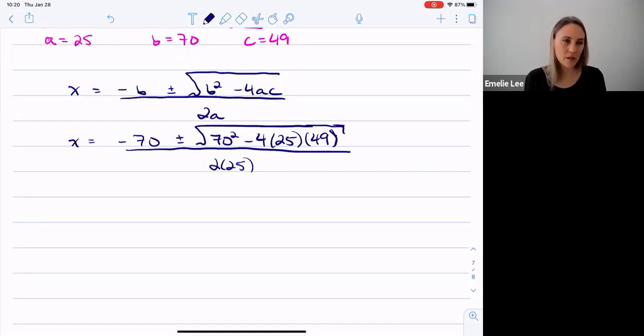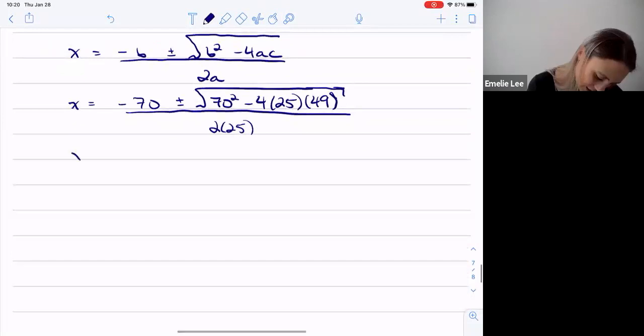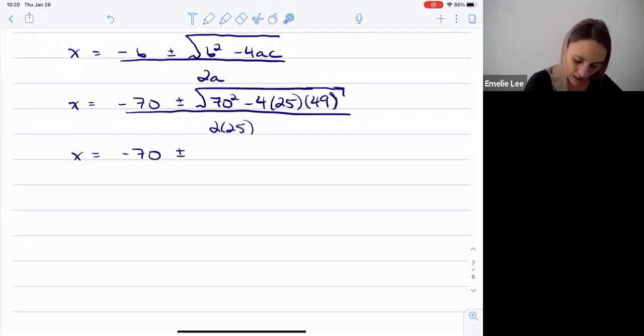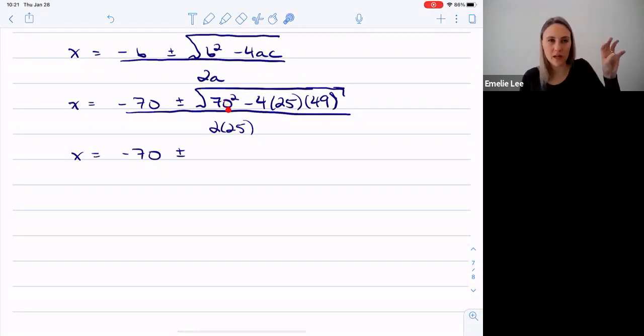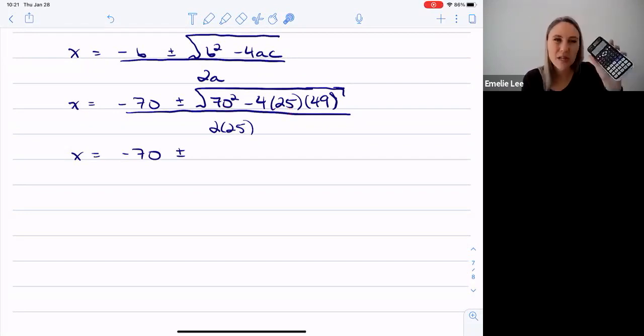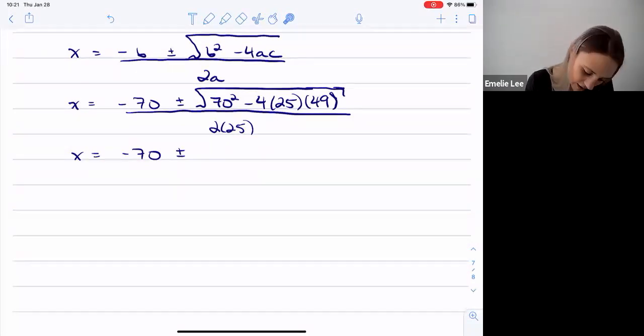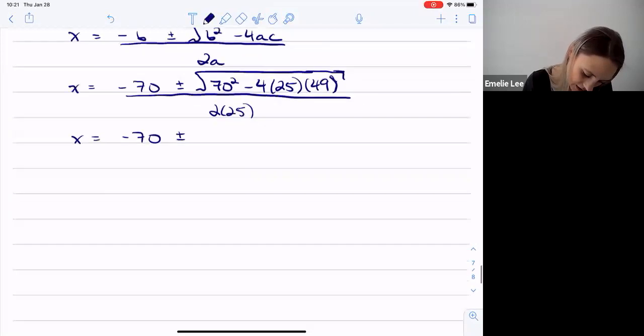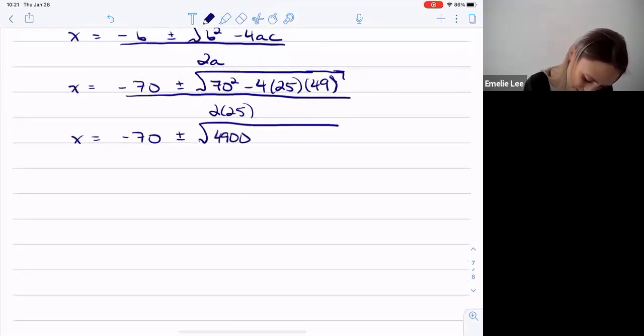I want you to simplify 70 squared and 4 times 25 times 49 individually first, right? And so instead of switching between the screens, I'm just going to do it here on the side. So 70 squared is 4,900, and hopefully you have a calculator on your end here.